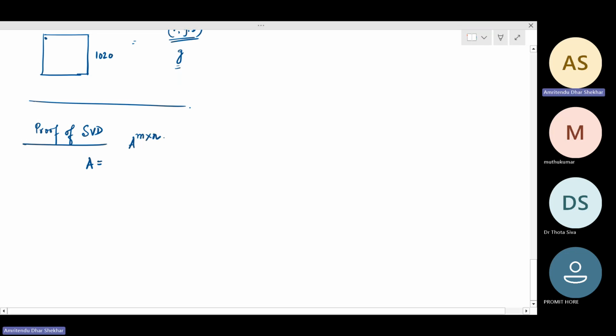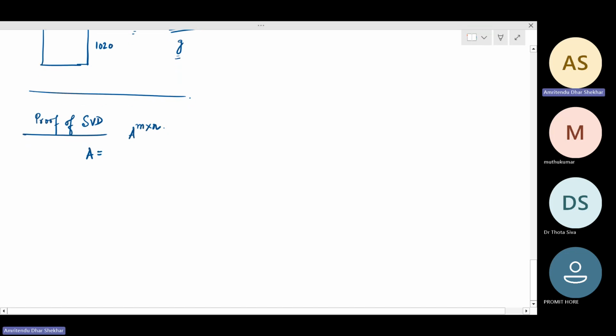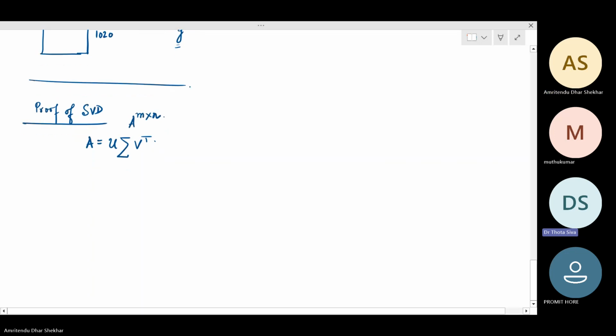Then you can write A as equal to U sigma V transpose, where U and V are orthogonal, U is a matrix of order m by m and V is a matrix of order n by n, and sigma is a diagonal matrix.